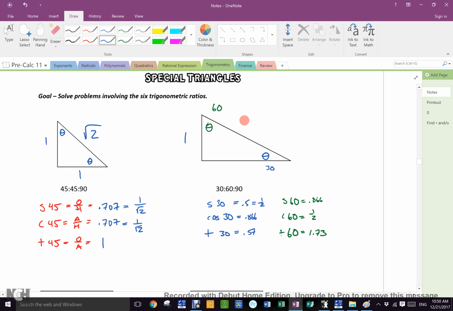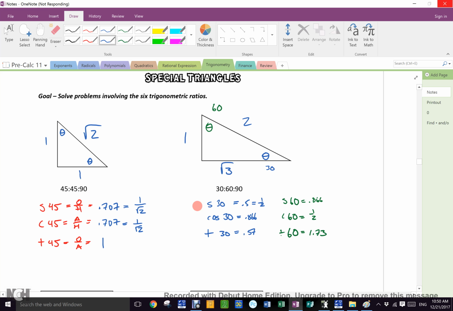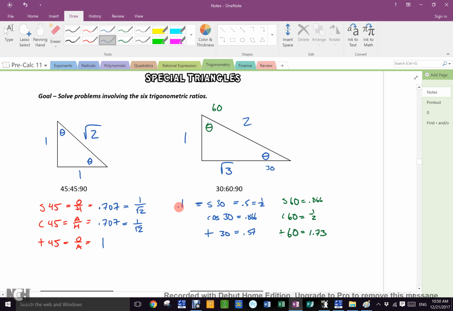Sine is opposite over hypotenuse. 2. Can we use Pythagoras to find the bottom here? It is √3. Everybody cool? Which means the sine of 30 is 1/2.